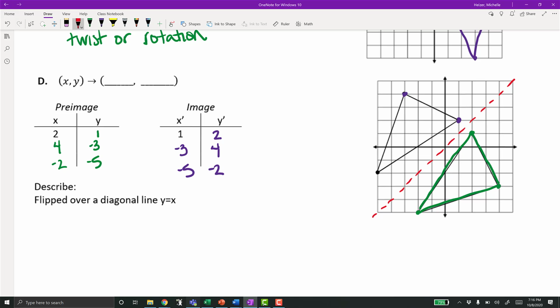Now the only thing left to do is find a coordinate notation to describe this. So what pattern can you notice between these columns of my tables?